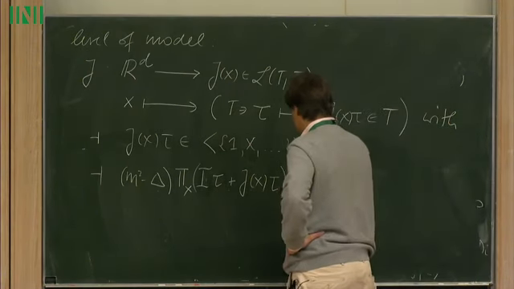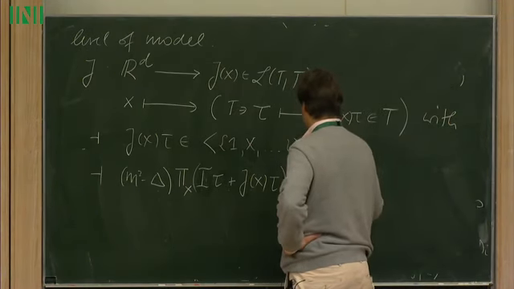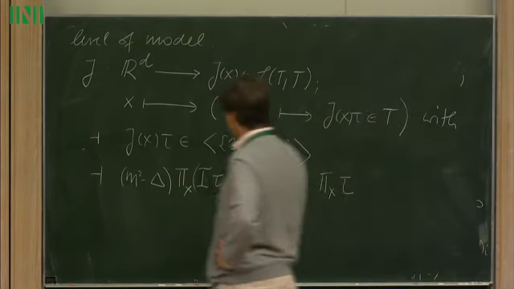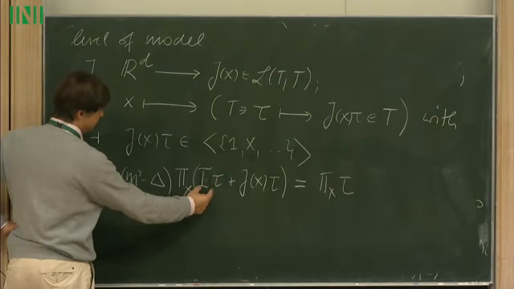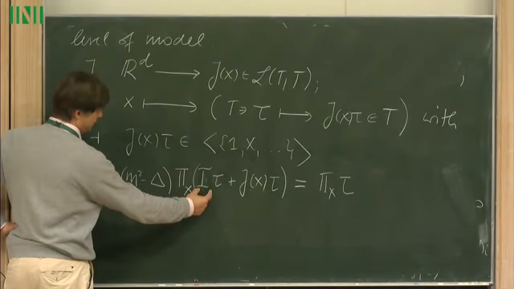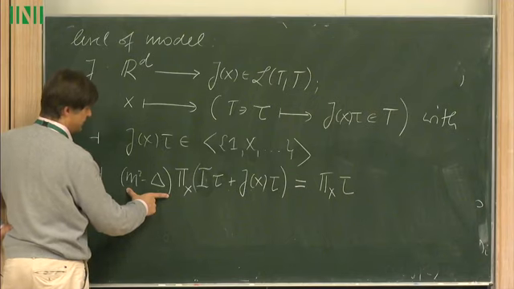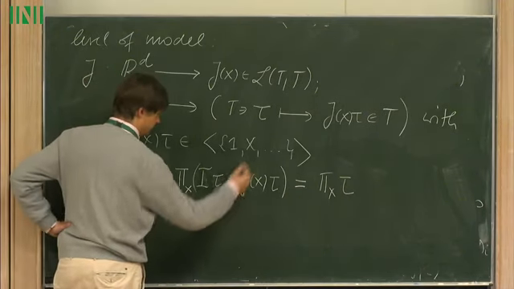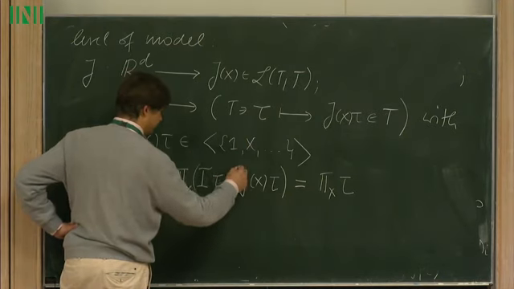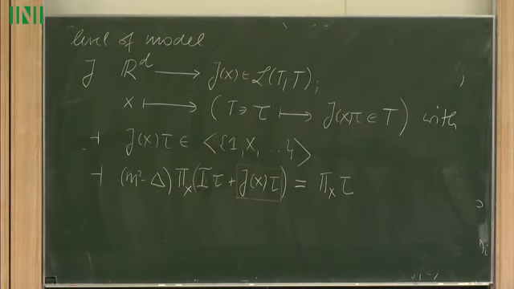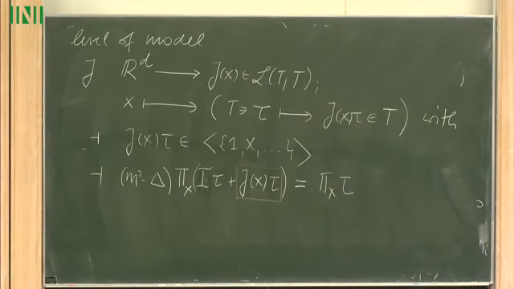Now you want this to be pi of x of tau. So in a certain sense, you want indeed this symbol to be essentially what's happening on the abstract side if you solve your equation. But it's not quite what's happening. You need a correction, and you will see on the level of the model what this correction is. And the correction is this J of x. So that's the second condition.